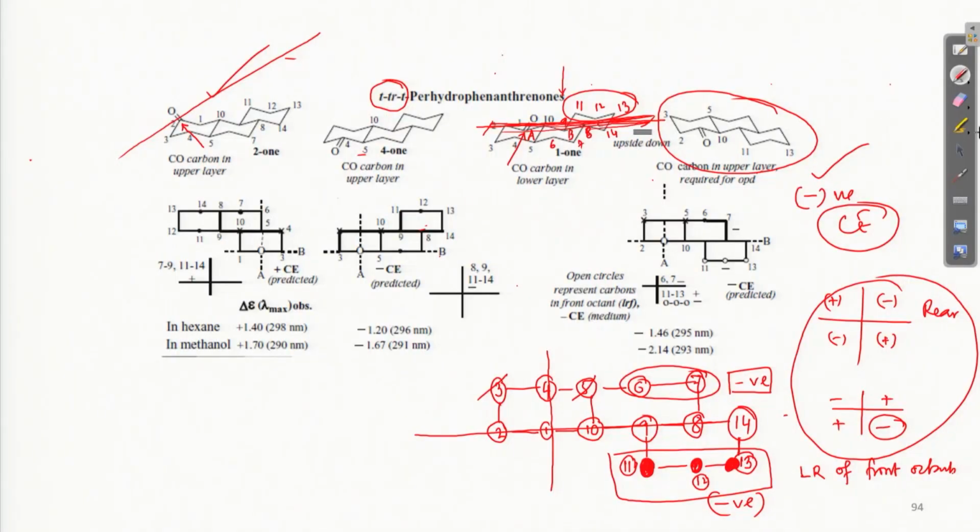Practice it more and more, because there are even more complicated cases, which are steroids. That means there are four ring systems, and your drawing could be a little trickier than this. I will show one molecule here which is a steroid.